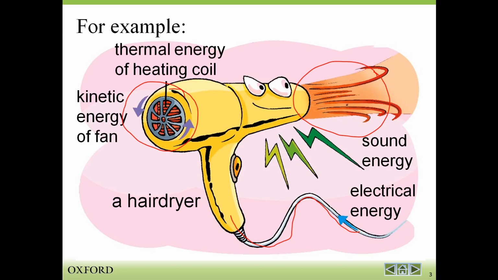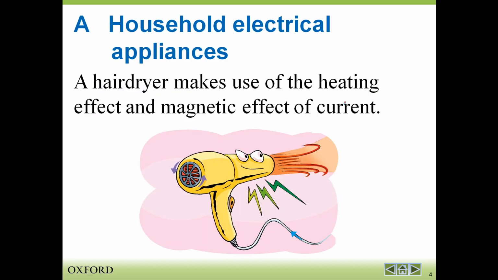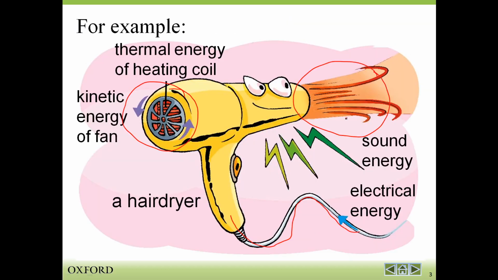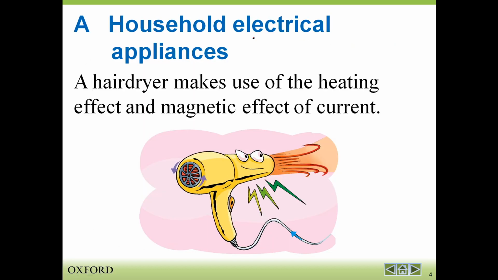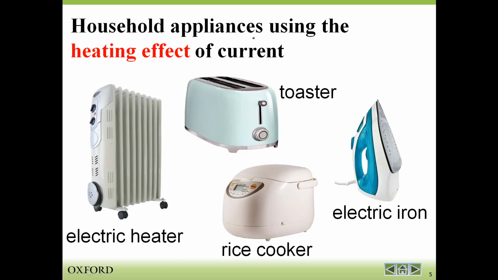So all those things we learned in Form 1: the word energy converter means it changes some form of energy to another form of energy. So we are going to talk more about electrical appliances.